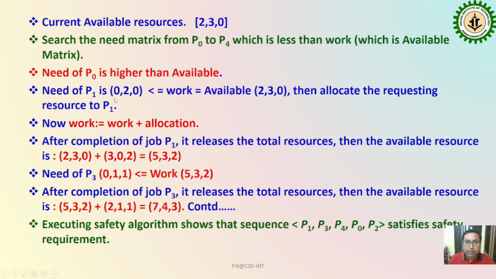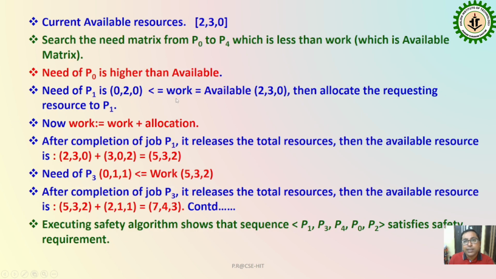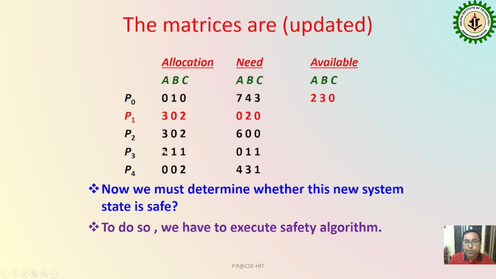For P0, is its need less than Available, 230? For P1, the need 020 is less than Work, that is 230. So the resource is allocated to P1, and Work becomes Work plus Allocation. After completion of P1, it releases all its resources. Then the available resource is 230 plus 302, now 532.